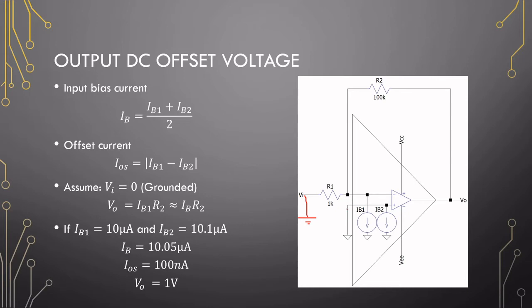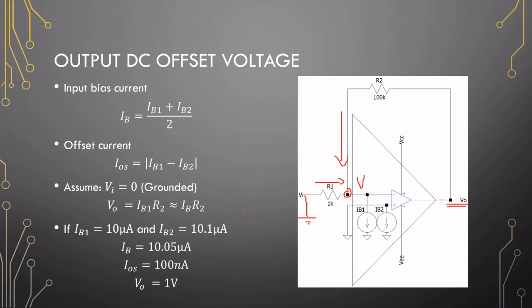Okay, so let's assume we ground our V in. This non-inverting terminal is already grounded. This means that IB2 is technically non-existent. So we will have currents flowing towards IB1 here as the current source. Okay, and if we have currents flowing through resistors, we get a voltage, and that voltage will be translated directly to our output.